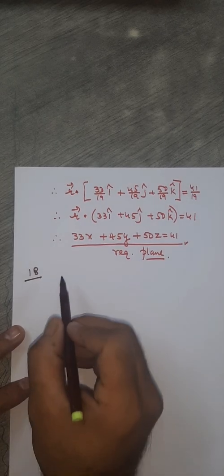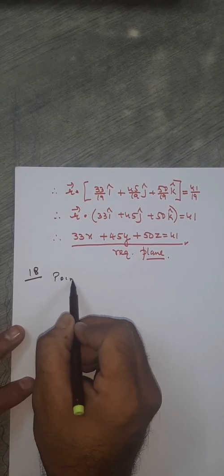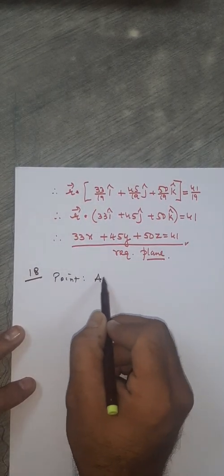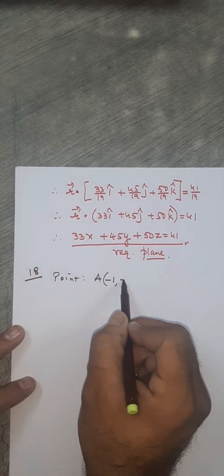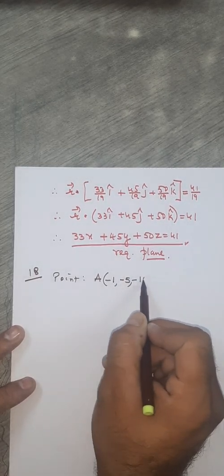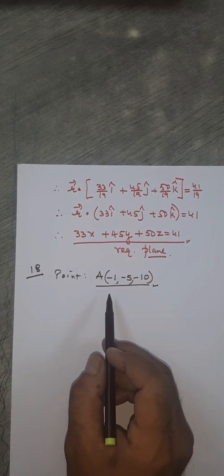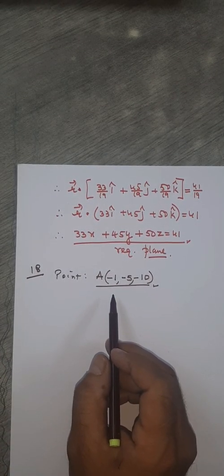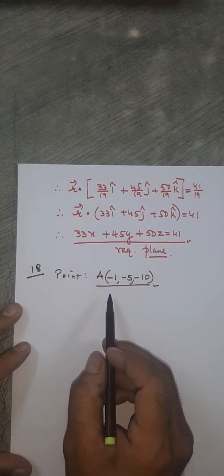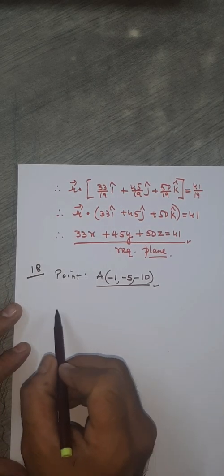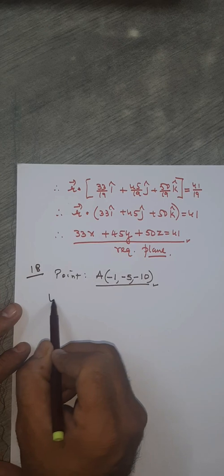So in the 18th question you are given a point, let me call that point A, which is minus 1, minus 5 and minus 10. This is a given point. You want the distance of this point from the point of intersection of the line and plane. So you are given the line here.